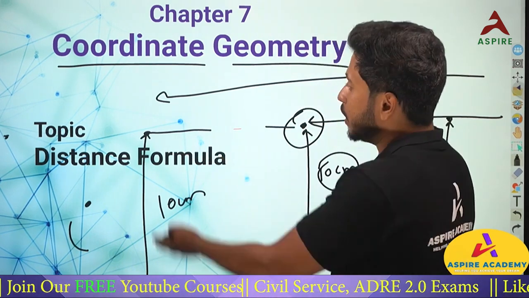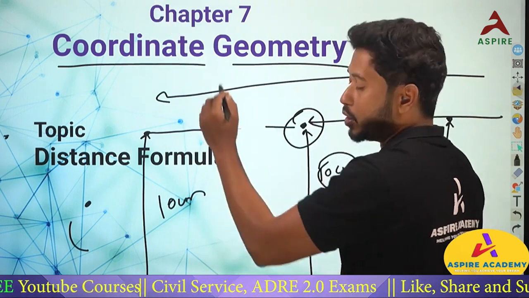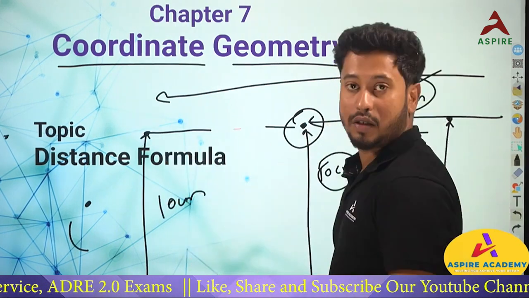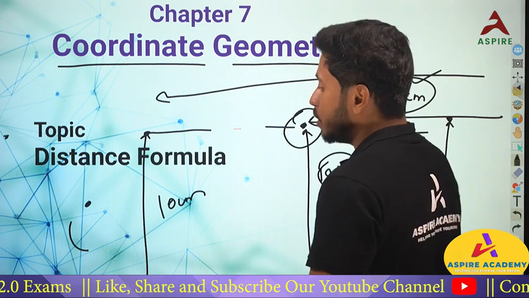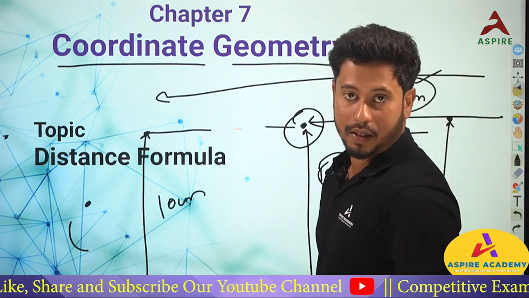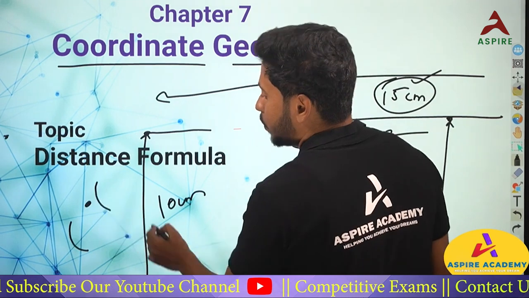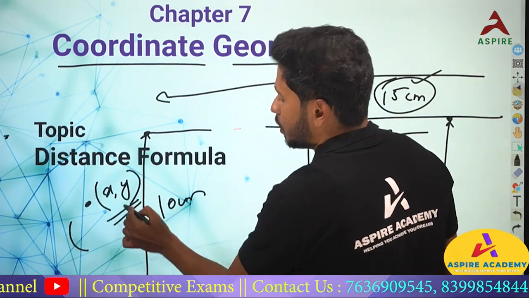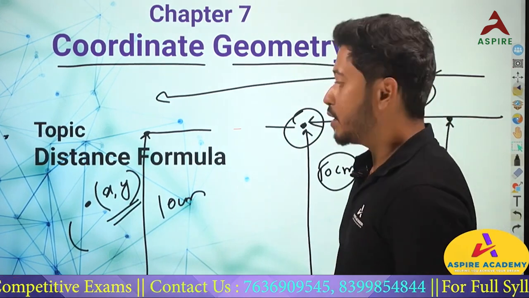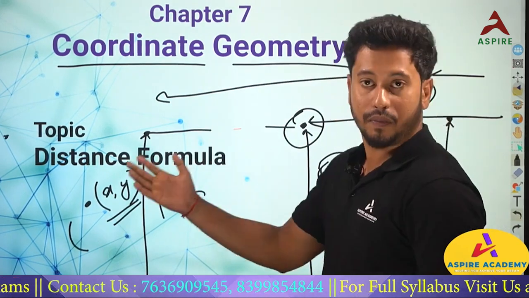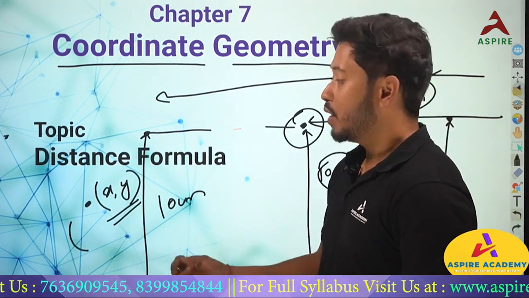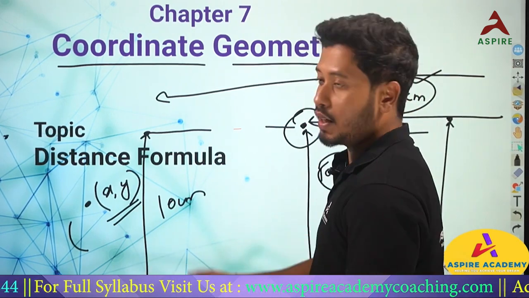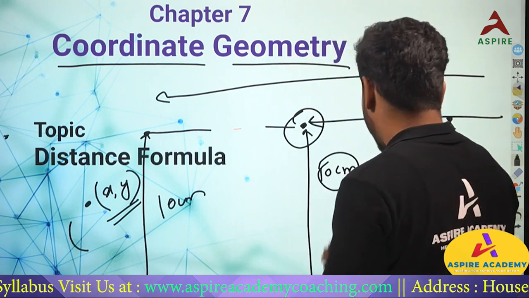One is vertically, that means from the top or bottom, and one is horizontally, that is from the right hand side or left hand side. That means a point can be known by two directions, that is x and y. What is x? X is at the horizontal level and y is at the vertical level.